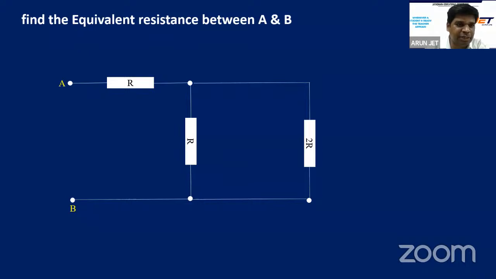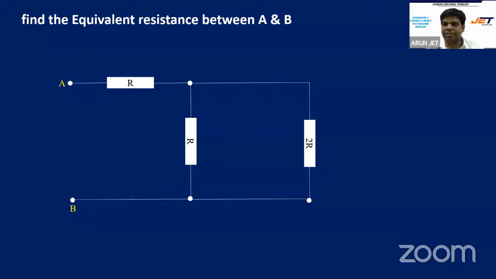Okay, Shashank has got an answer. All right. But Shashank, why have you written 1 by 2R plus 1 by 2R? Do you see 2R and 2R are in parallel?